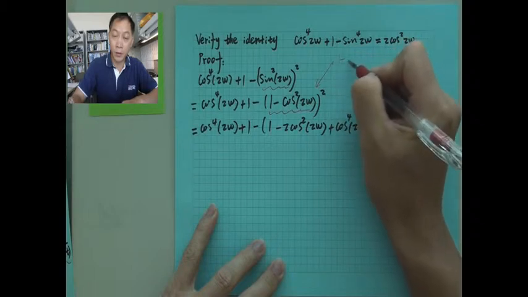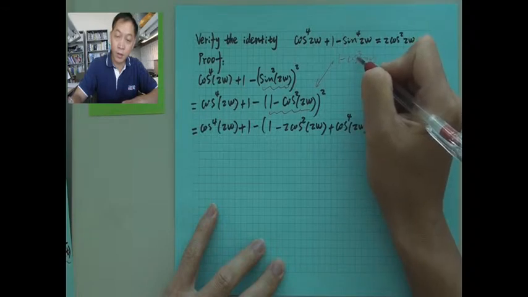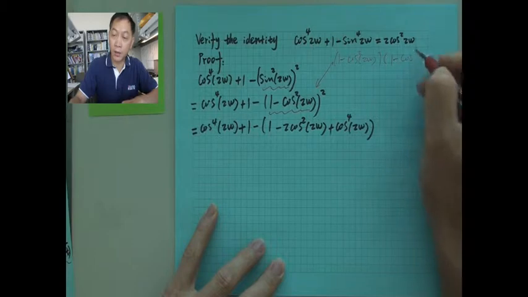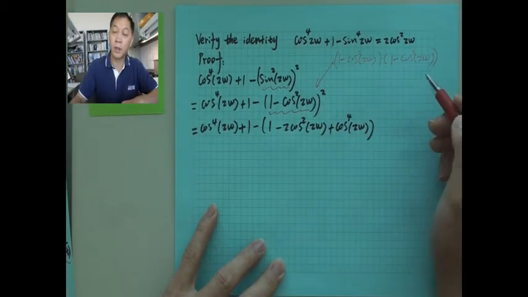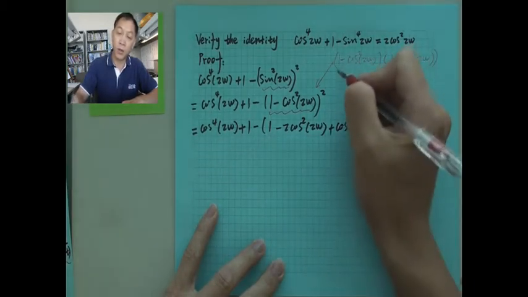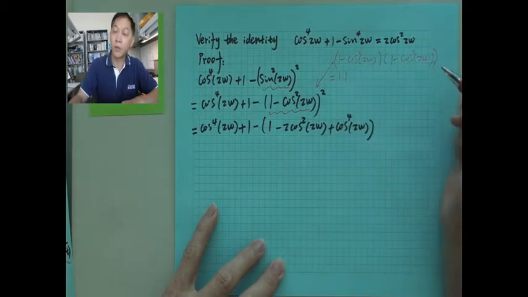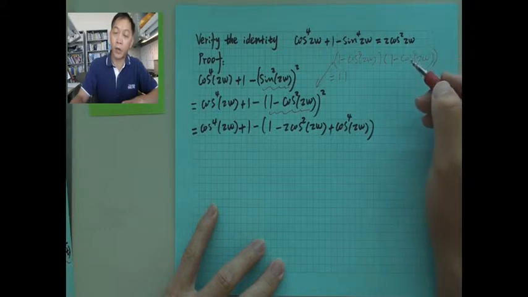This is 1 minus cosine 2 omega squared times 1 minus cosine 2 omega squared, because this is squared, so you have 2 factors. FOIL. The first term, 1 times 1, so you have 1.